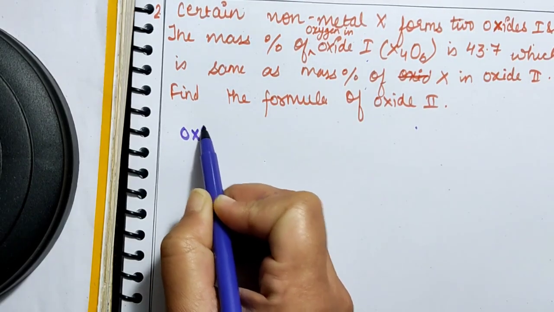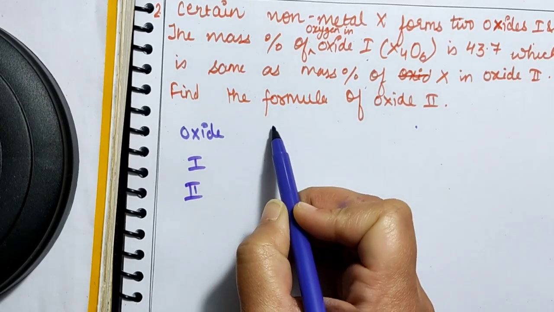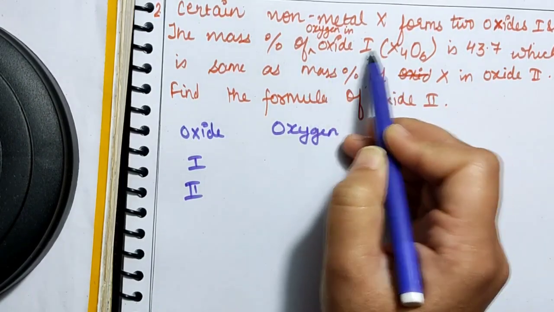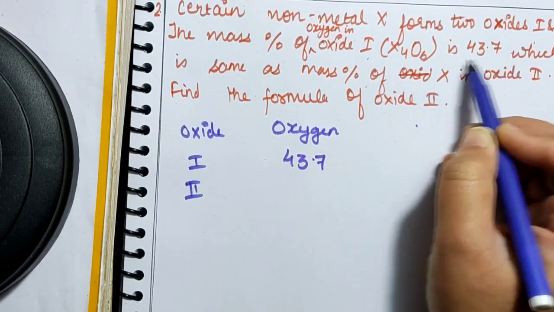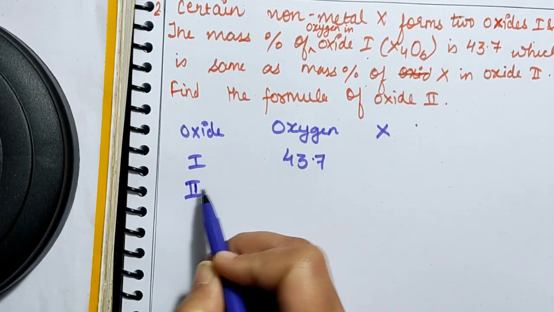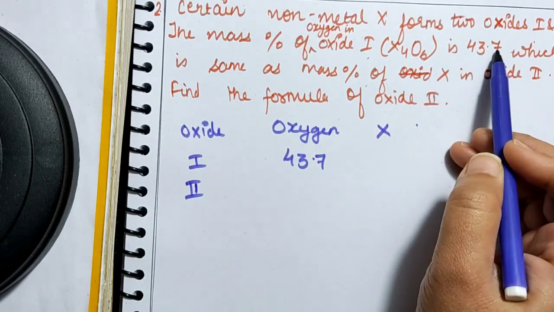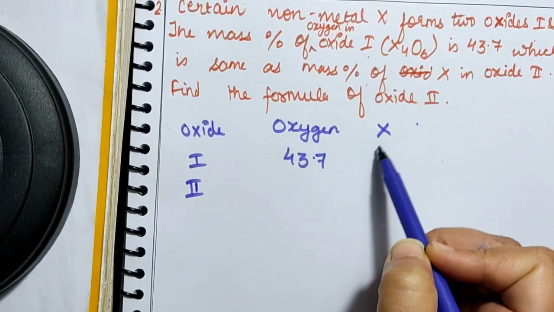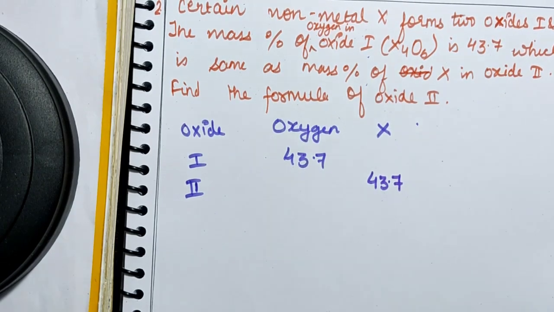What is given to us? Oxides 1 and 2. And the mass percentage of oxygen in oxide 1 is 43.7. And the mass percentage of X in oxide 2 is also given in the question as 43.7.